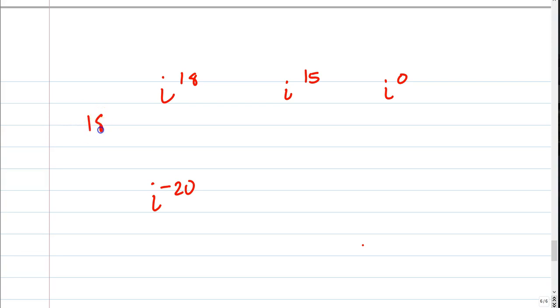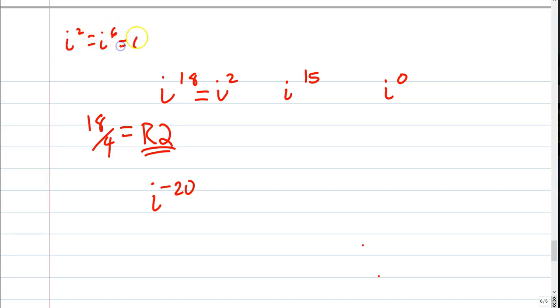If I pull out groups of 4, I'm left with a remainder of 2. This is all I really care about, because this basically means that this is i squared. If I went to my table and told you there was a pattern, it was i squared, the next one was i to the 6th, i to the 10th, i to the 14th, i to the 18th.